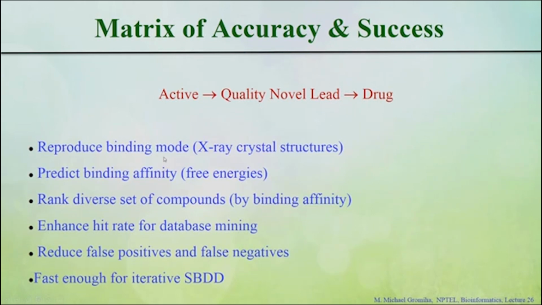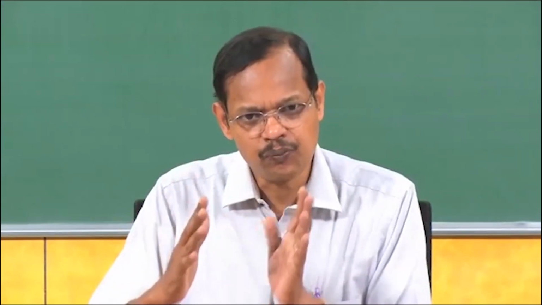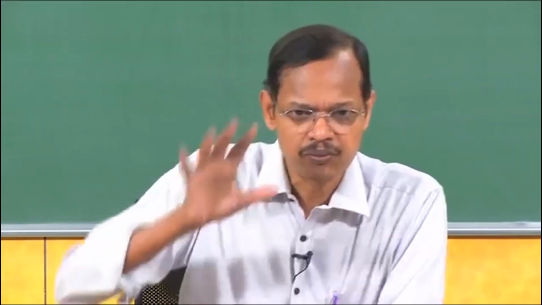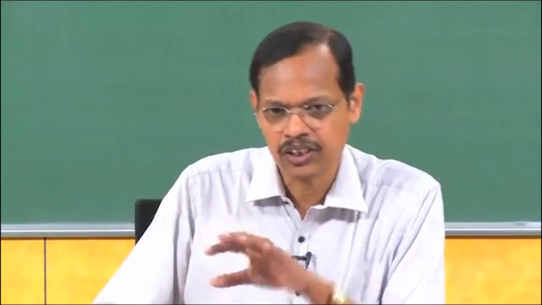So, you have to reproduce the binding mode, predict the binding affinity and rank the diverse compounds. Then we get the hit rate by database mining. Then you have to reduce false positives and false negatives, and it should be fast, for structure based drug design. So, there are various steps you need to do for screening compounds from the pool of compounds to identify a lead-like molecule.